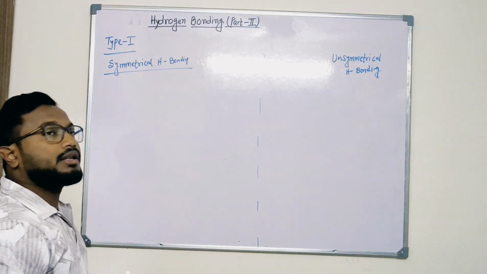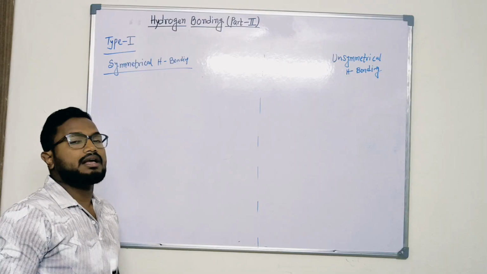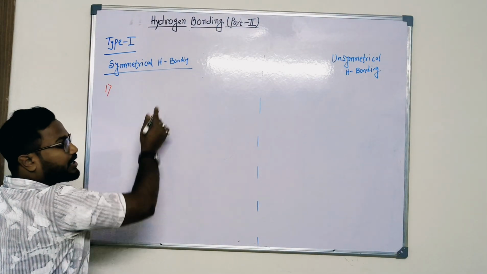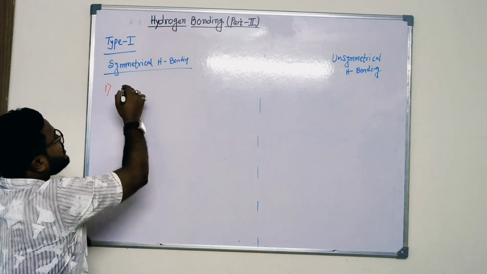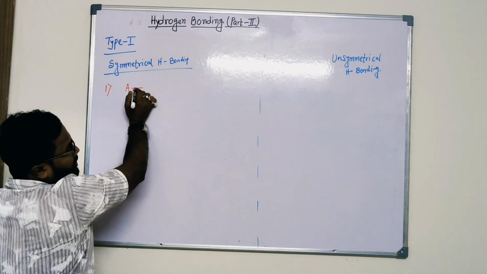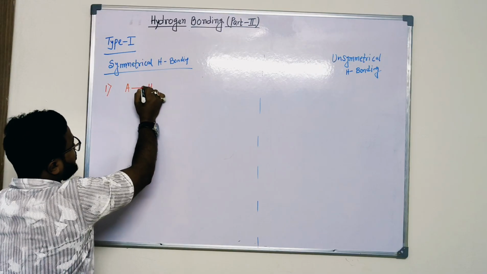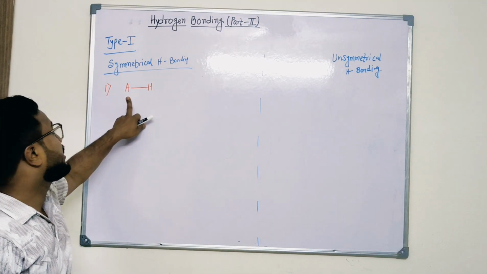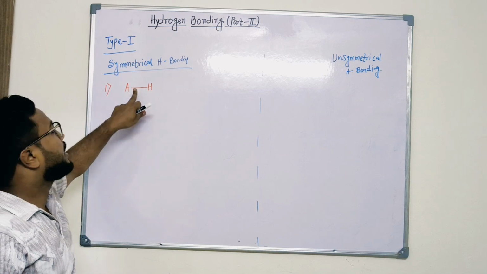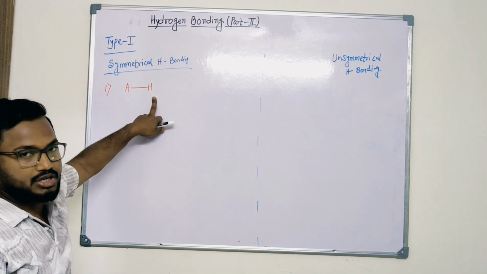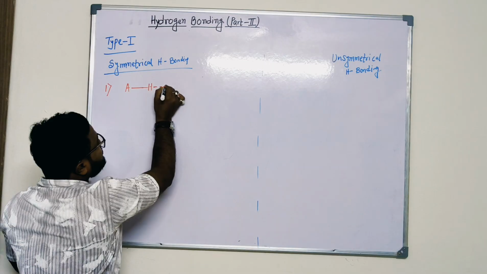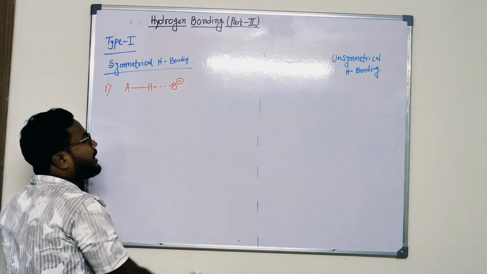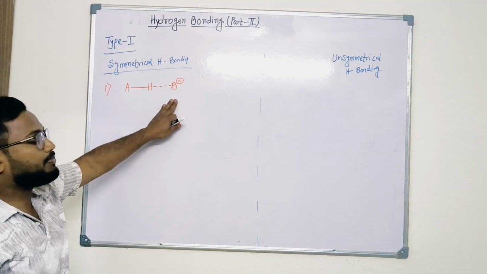Let's see. In case of symmetrical hydrogen bonding, as the name itself signifies, hydrogen is connected with an element. Let us consider A connected with one element, hydrogen. We know that if A is electronegative, A will develop delta minus and hydrogen will develop delta plus charge. Let us consider it is making a hydrogen bond with another highly electronegative element B, that is B minus.